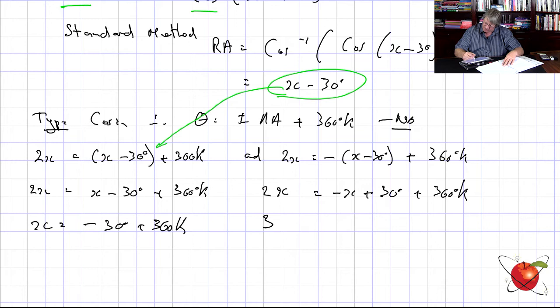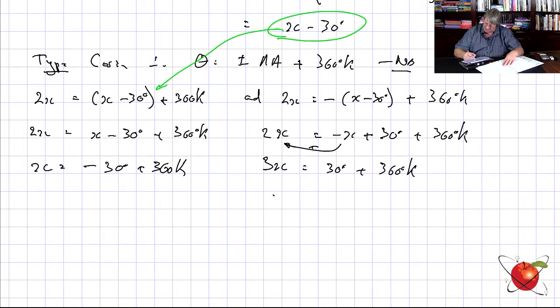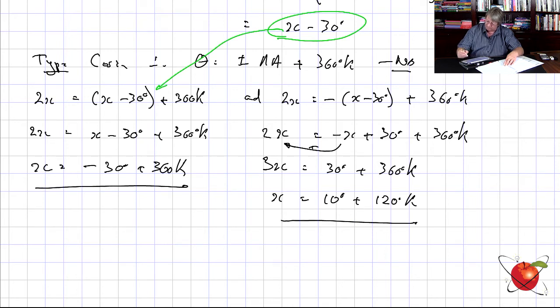That becomes 3x, because I take it over and add it, equals 30 degrees plus 360 degrees k. Now I divide through by 3 to get my x. x is 10 degrees plus 120 degrees k. Right. So those are my final answers.